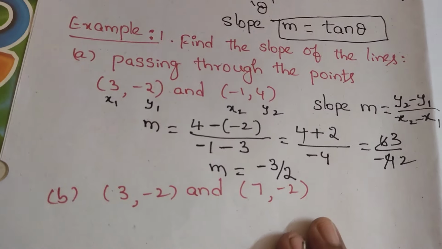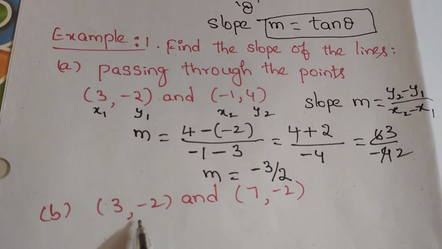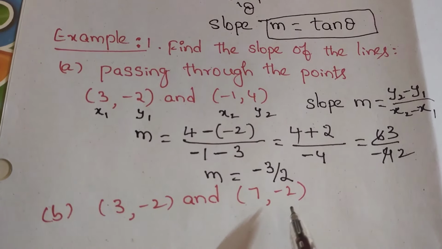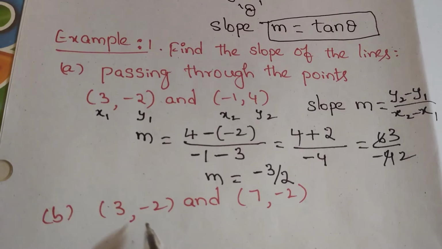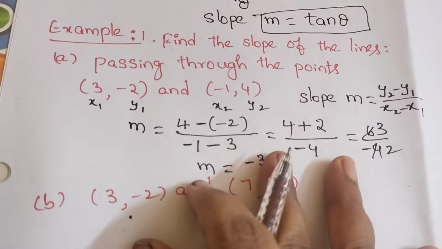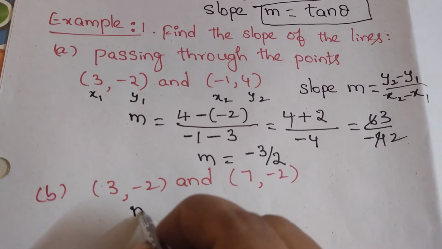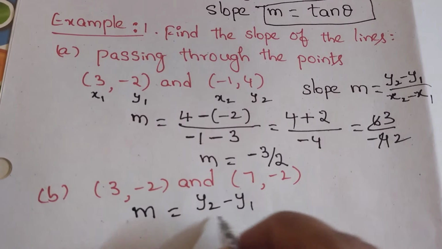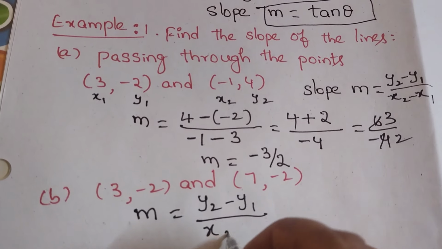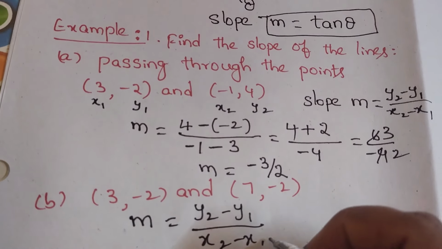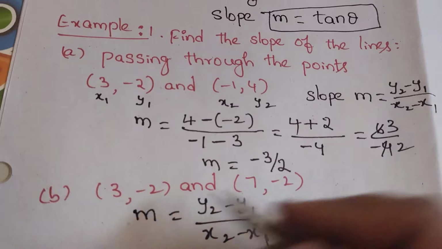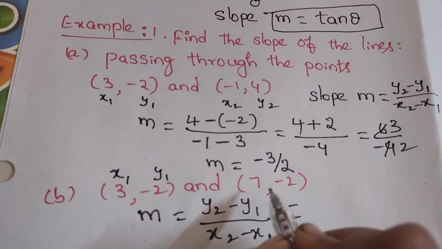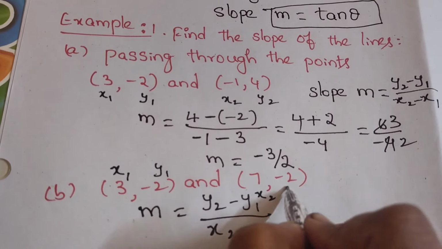Next, second example. The points are (3, minus 2) and (7, minus 2). We know the slope formula: y2 minus y1 by x2 minus x1. So first we identify x1, y1. The first point I will consider as x1, y1 and the second point as x2, y2.